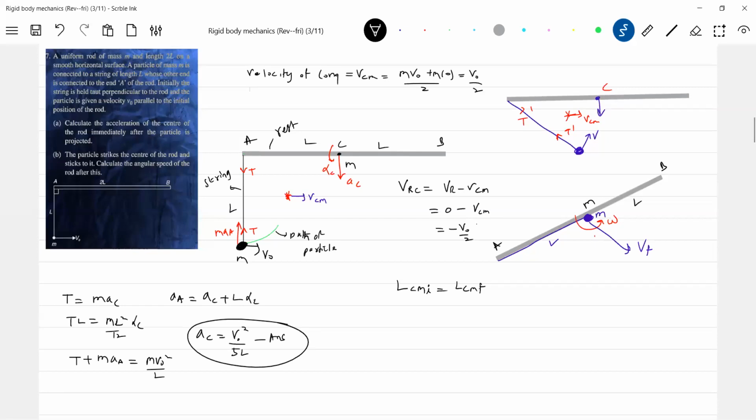Then velocity of particle. Let me call this particle. Velocity of particle with respect to center of mass, CM, I'll write it.